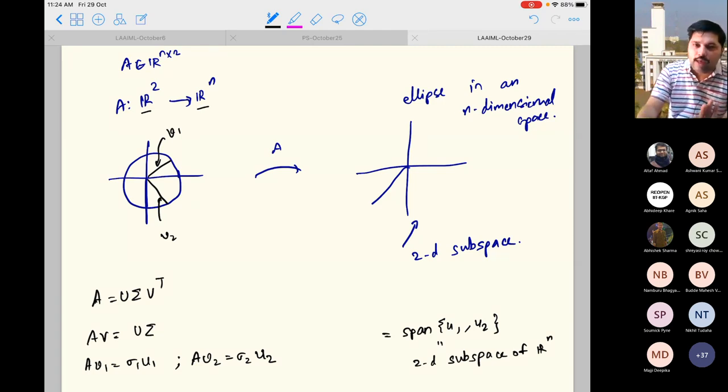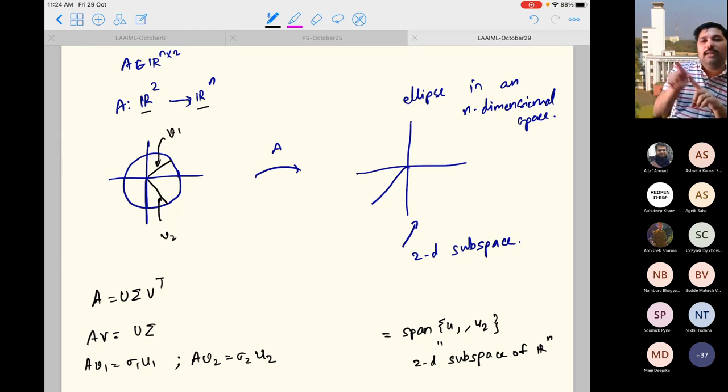And how is that ellipse looking? In the direction of U1, you have maximum magnification. In the direction of U2, you have minimum magnification. So U1 is the direction of the major axis and U2 is the direction of the minor axis. Is that fine?